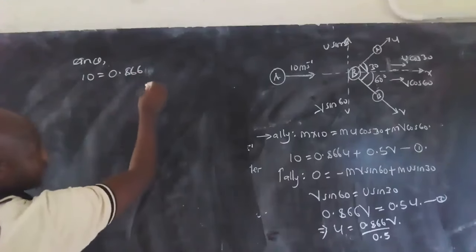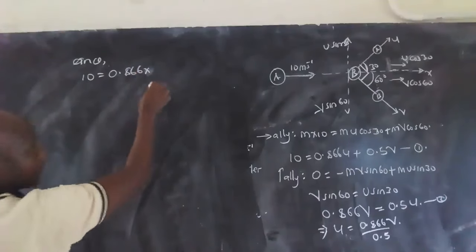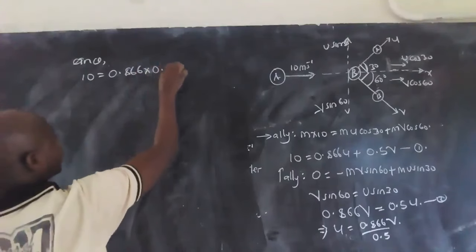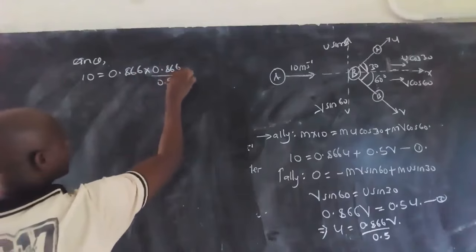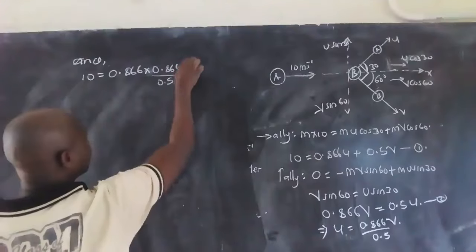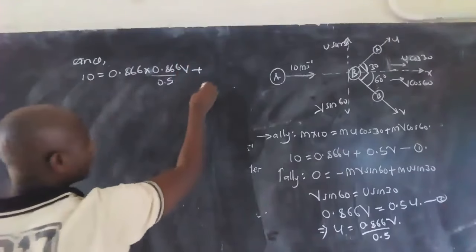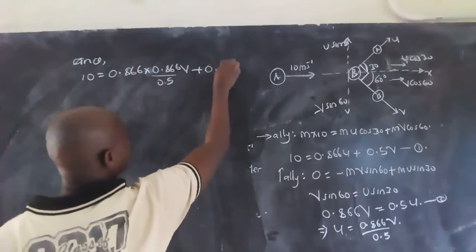Our u is 0.866 over 0.5 times v, then plus 0.5 v.